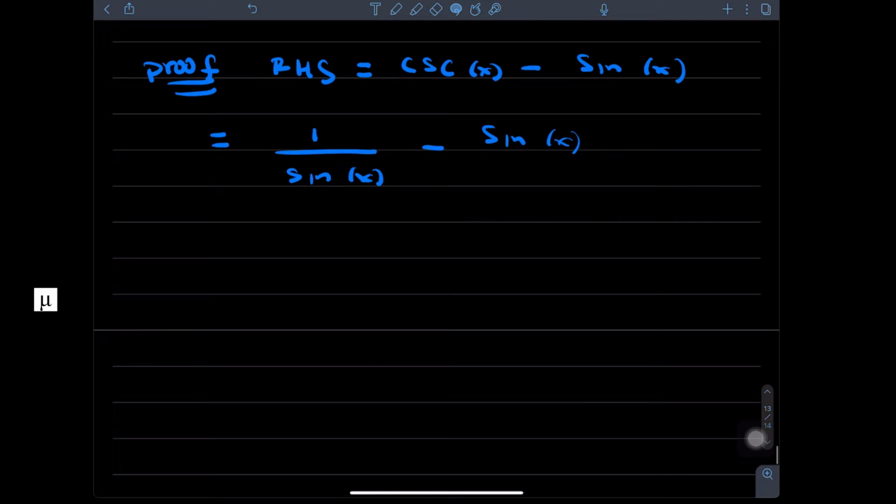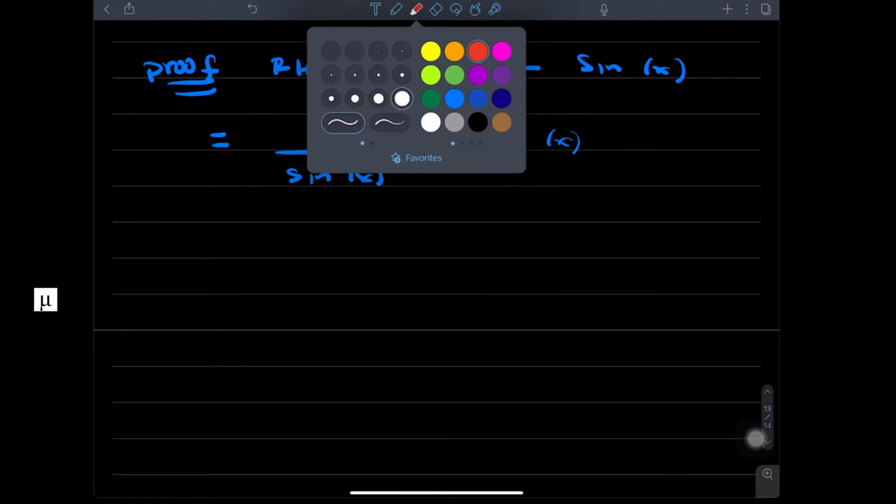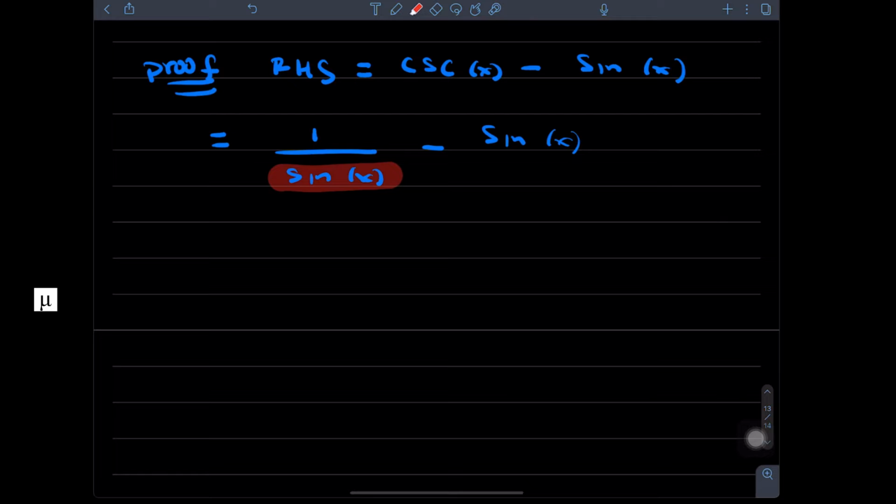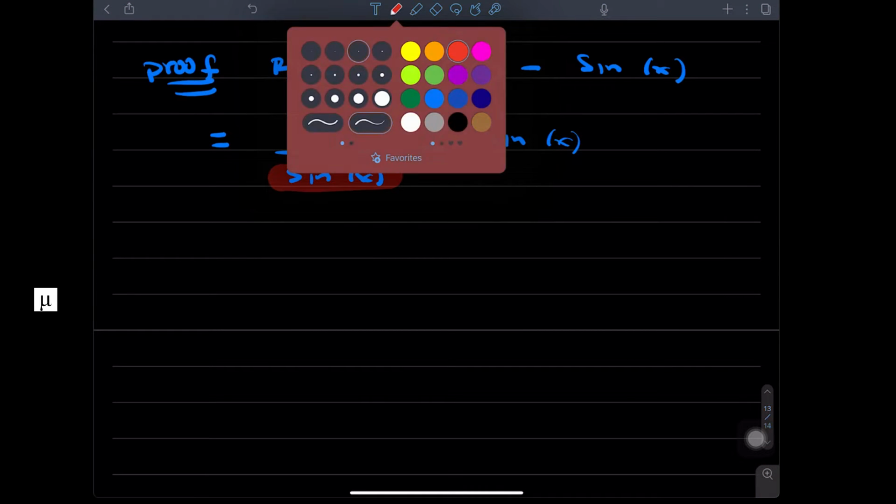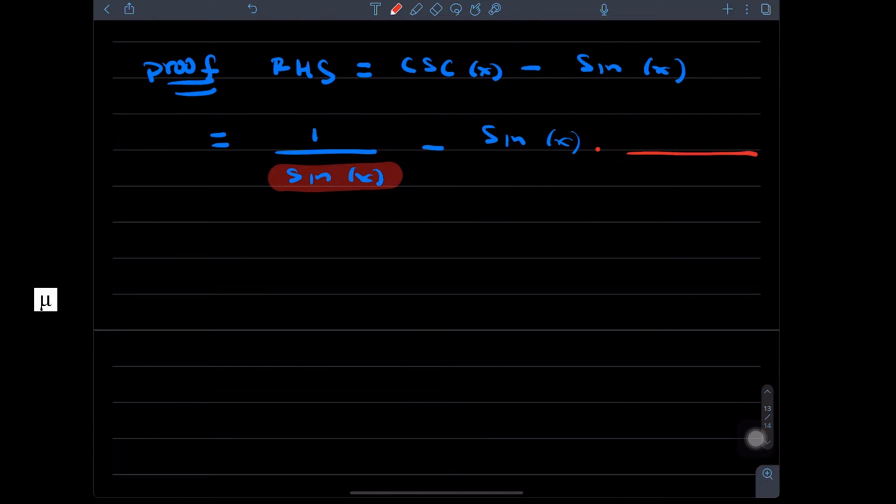How am I supposed to, what's the algebra here? Do you guys remember? You see that sine? What can we do? We're going to have to write this as sine over sine, which is 1, right?